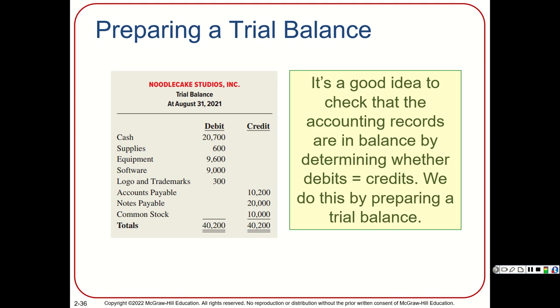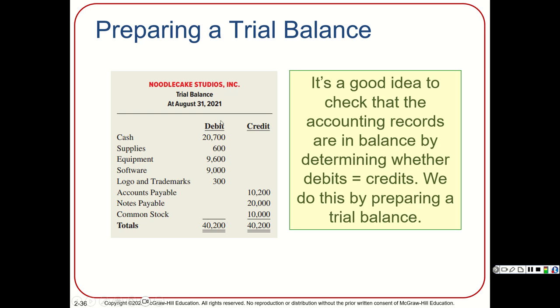In your trial balance, you're actually listing the balances according to where they land, whether it's a debit balance or a credit balance, in the order of the balance sheet. So you have your assets at the top, then your accounts payable, your payables or liabilities, and then your stockholders' equity, or in this case, the common stock that was issued.